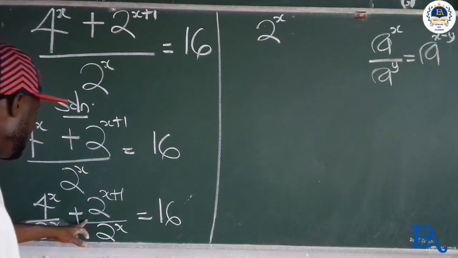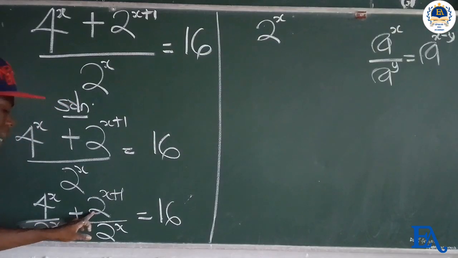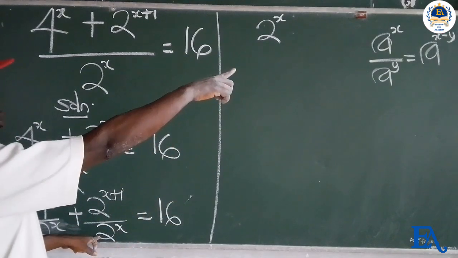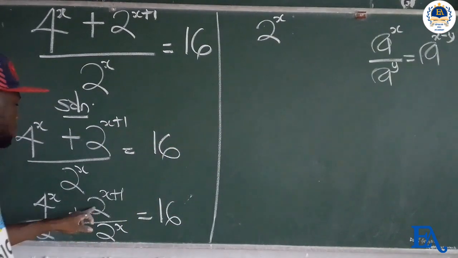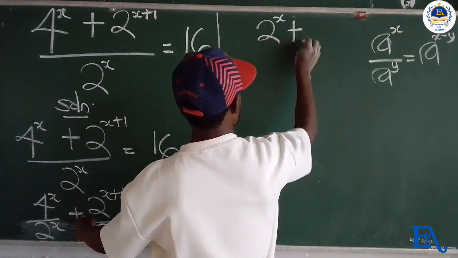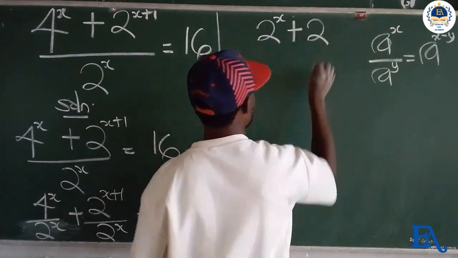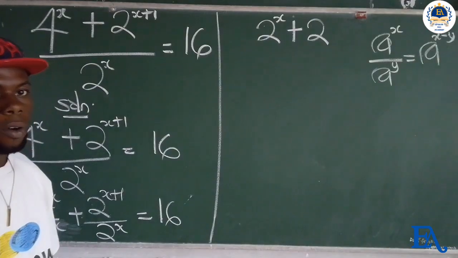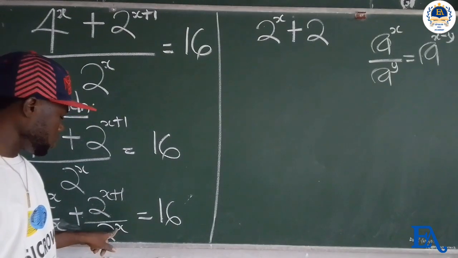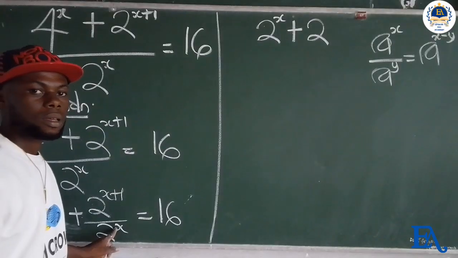Let's bring this knowledge over to here. So in this term, we are having 2 as the base and 2 as the base. Applying this division rule, that becomes 2 raised to the power of the index of the numerator minus the index of the denominator.